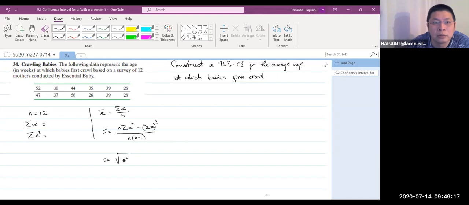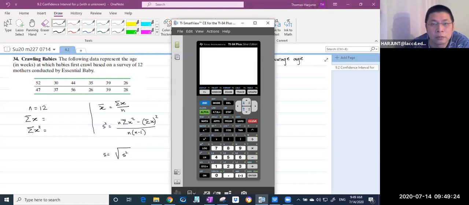Now, what I need to do is put this data into my column. I hope you remember how to get there. Stats, and then edit the first column. Here I already have 3 numbers occupied, so I will just write them. The first data is 52.